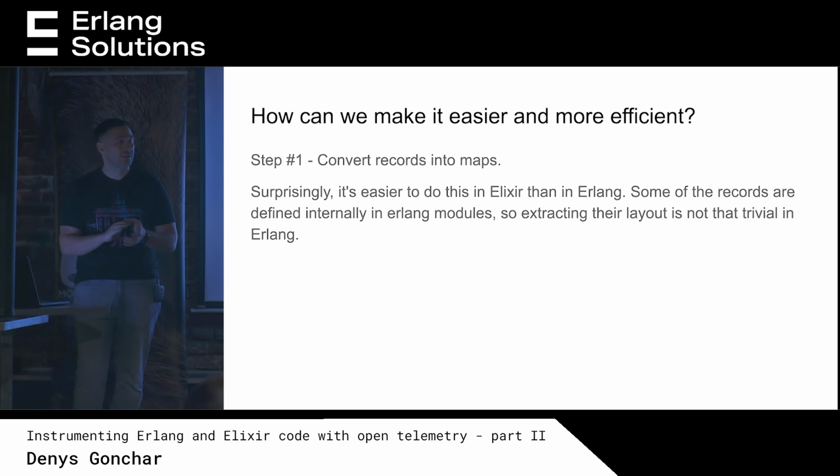Erlang was done much later, first Erlang instrumentation, and surprisingly, Elixir allows you to do it in a simple way, since the record module provides some macros that run at pre-processing time, and they analyze Erlang code and extract record definitions from it. The record module doesn't care if it's a header or a source file, so you can technically analyze source files. You just need to provide the path to the file.